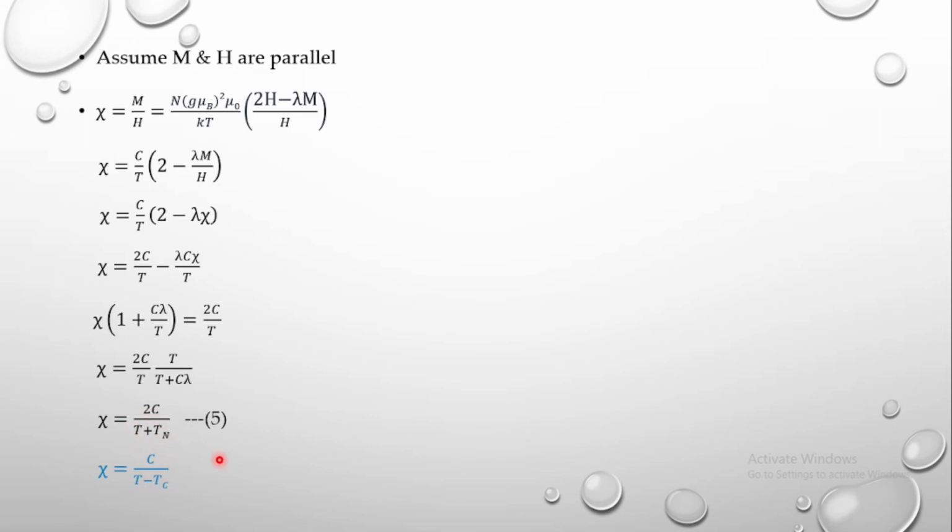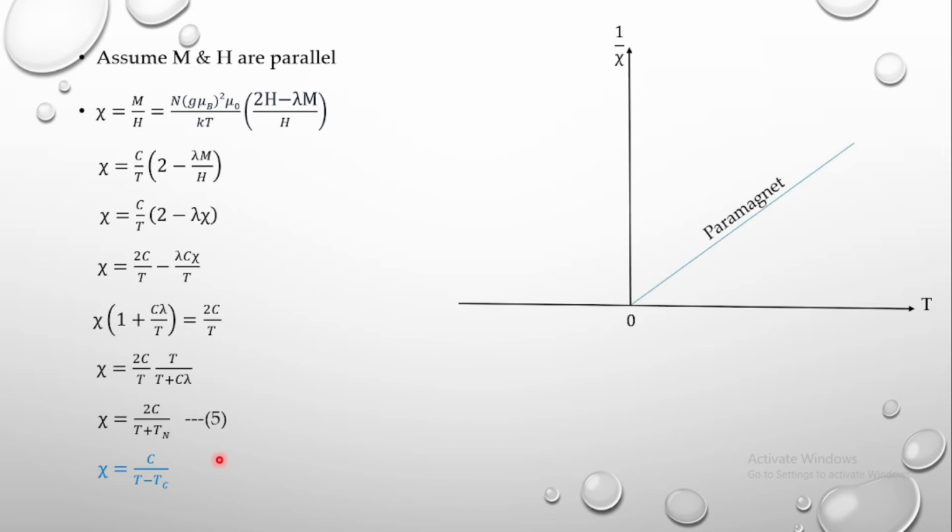So just for understanding, let us plot a graph of 1 by chi versus T. For a paramagnetic material we know that chi equals C by T, that is the Curie law. So we get a graph like this: it starts from the origin and goes on increasing linearly.